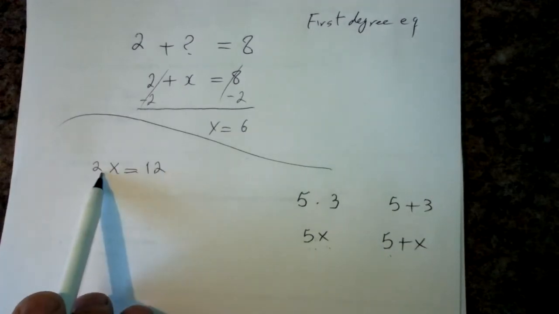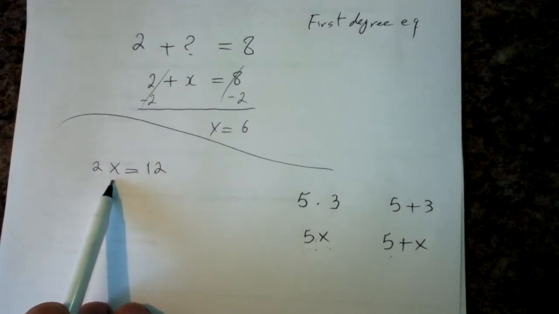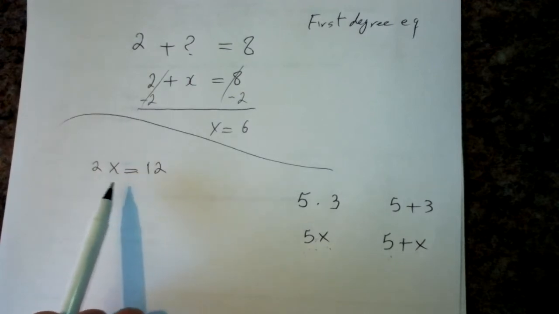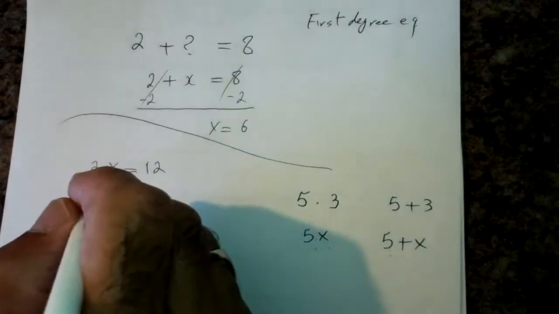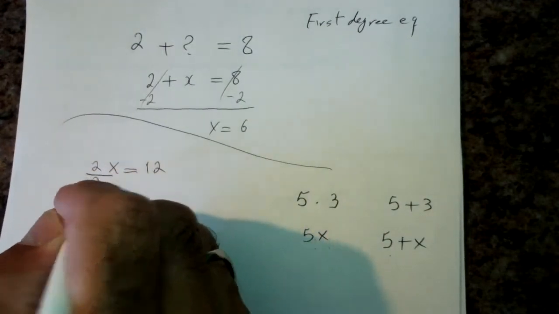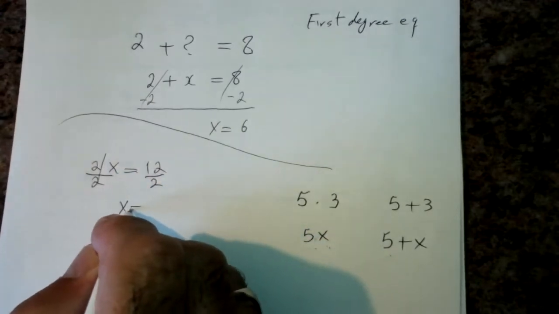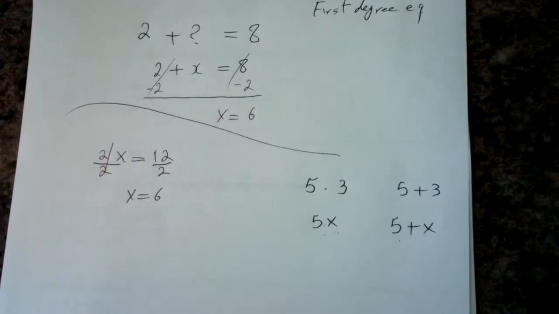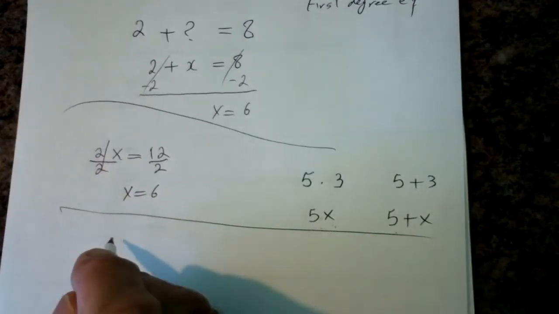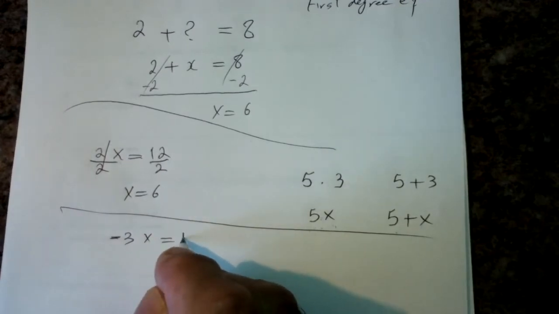So 2 times what number is 12? You know the answer is 6. 2 times 6 is 12. How do I come up with a 6? In case of multiplication, you divide both sides by the number sitting next to x. So x is 6. Another example, let's say I have -3x is equal to 15.